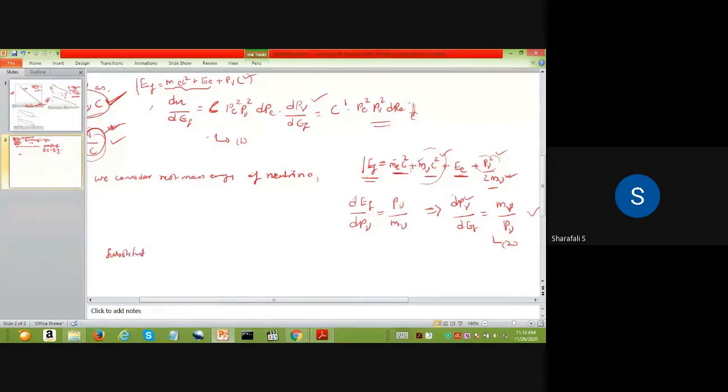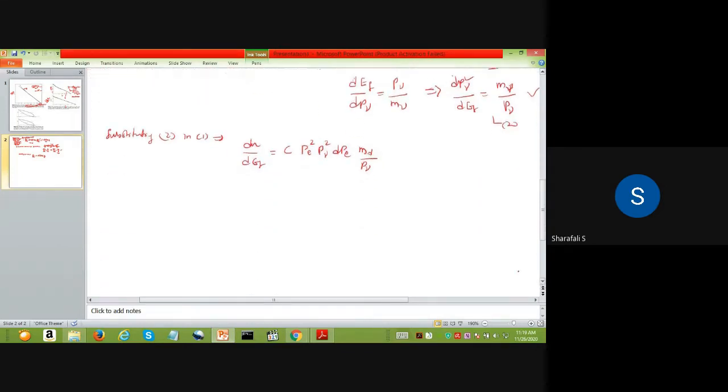Substituting equation 2 in equation 1, dN by dEf will be equal to some constant times pe square, p nu square. There is no change in that, and the pe also will be there. Only the last term we have to change, that will become m nu by E nu. So I can take this as some constant c dash.